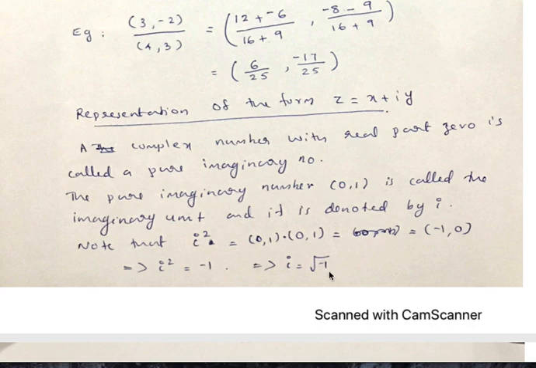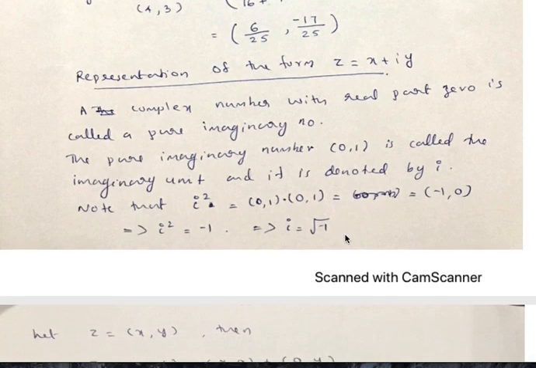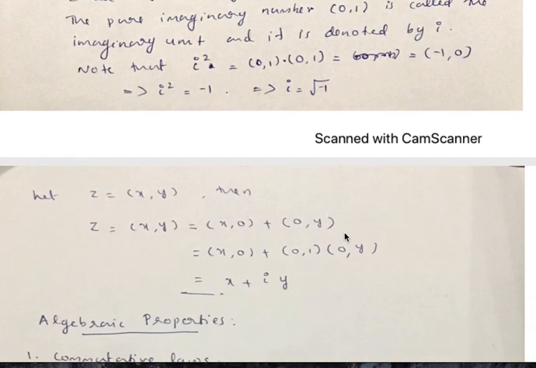So this definition of i to be (0, 1) is compatible with the other definition i squared equal to minus 1. So it's fine to define i to be (0, 1). Now a general complex number is of the form z equal to (x, y). You can write this (x, y) as (x, 0) plus (0, y) using the addition property. Now (x, 0) you keep as it is, and (0, y) you split to be a product (0, 1)(y, 0).